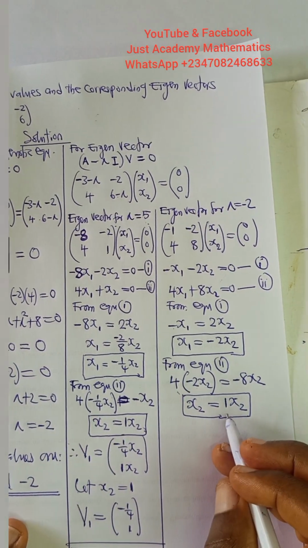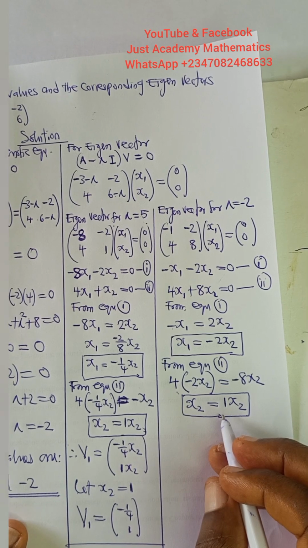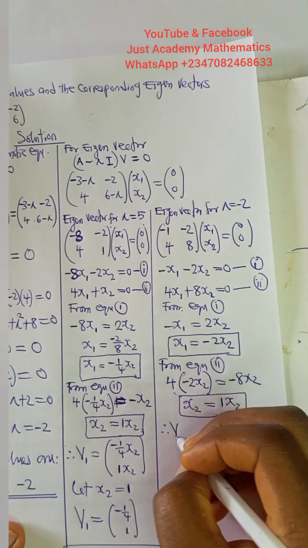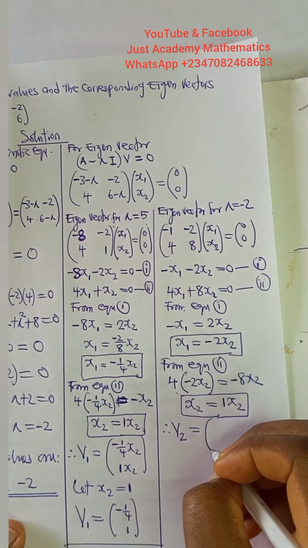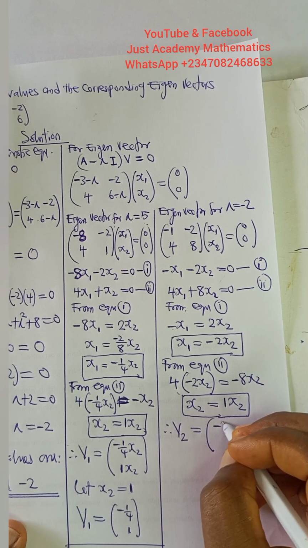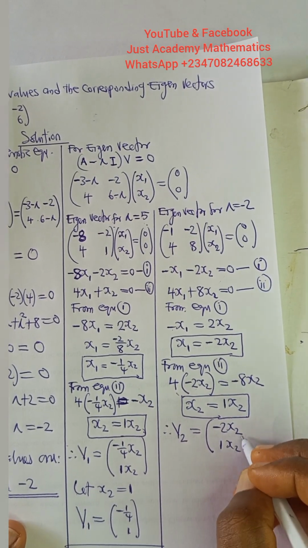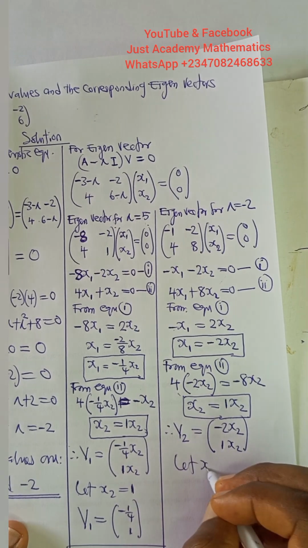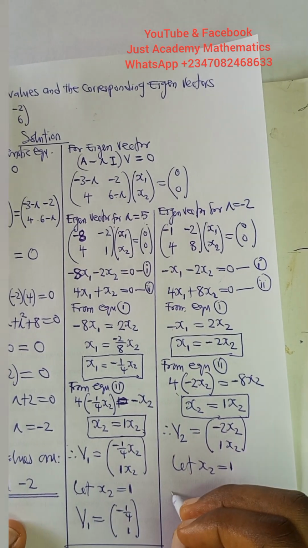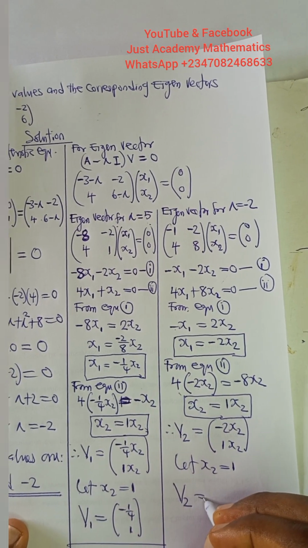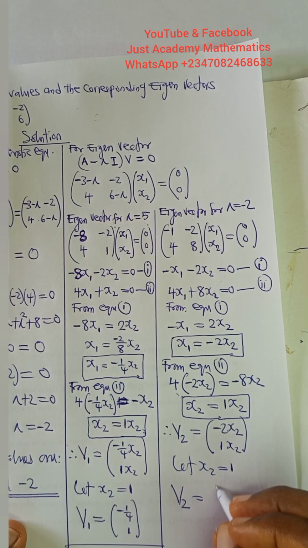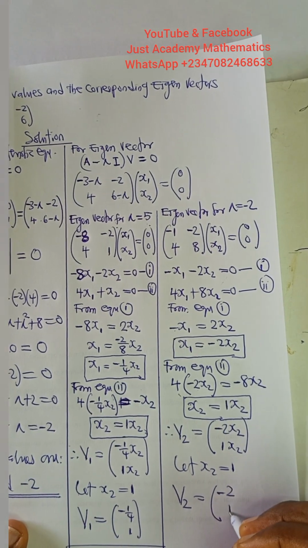So now that we know the two values in terms of x2, we therefore say that the vector will be represented as minus 2x2 and 1x2. So let x2 be equals to 1. So the vector, when the value is minus 2, is simply minus 2, 1.